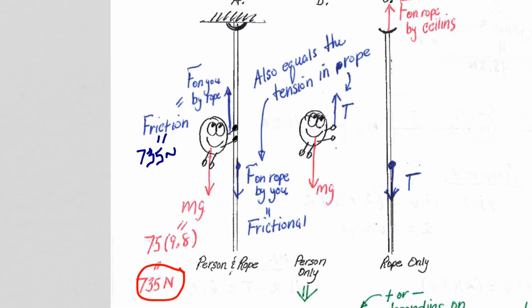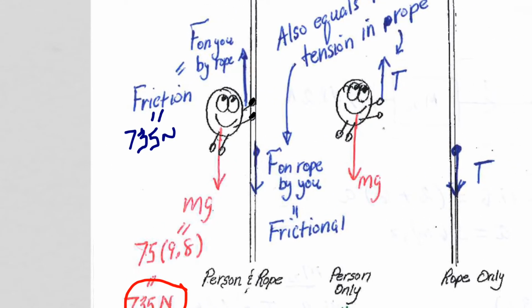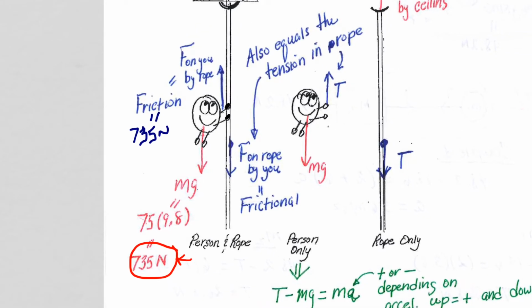So now you know why rock climbers have extremely calloused hands. They're essentially supporting their whole body weight on the friction between their hands and the rocks, or in this case, the rope.